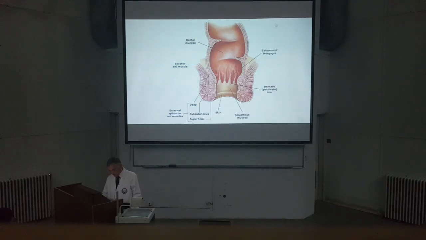These columns of Morgagni contain veins. The junction between the endoderm of the hindgut and the ectoderm of the anal canal is called the dentate line. Now there are lots of veins here.